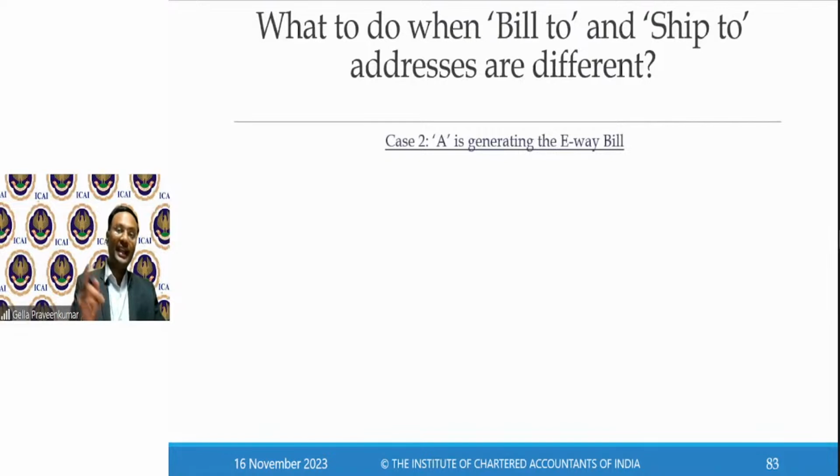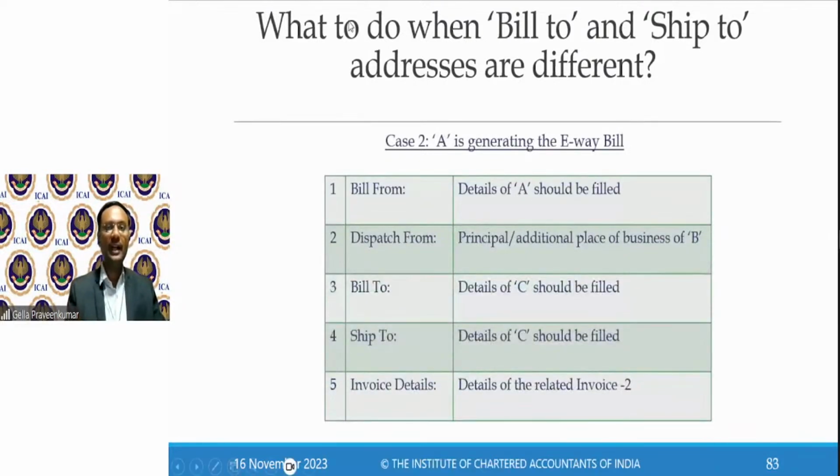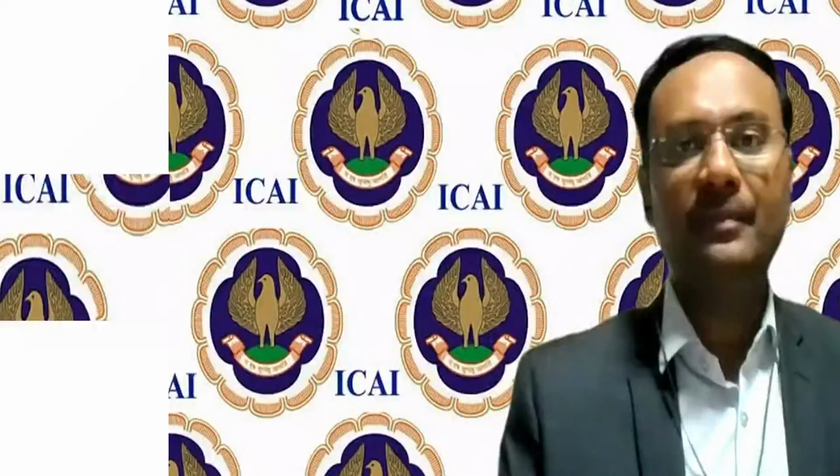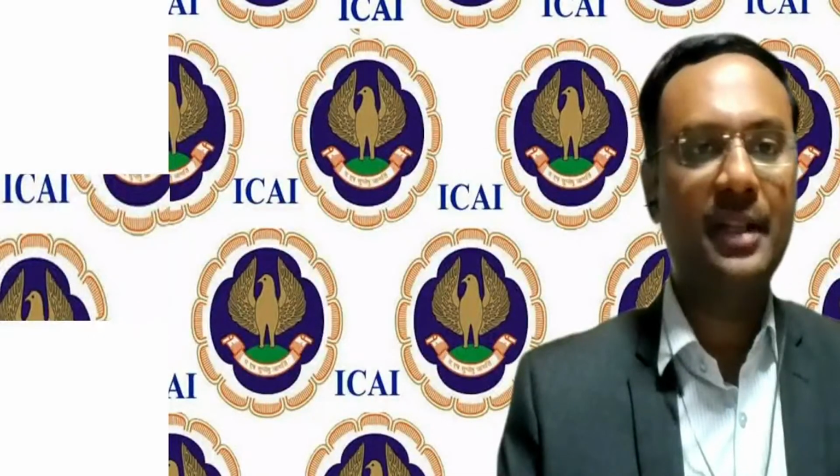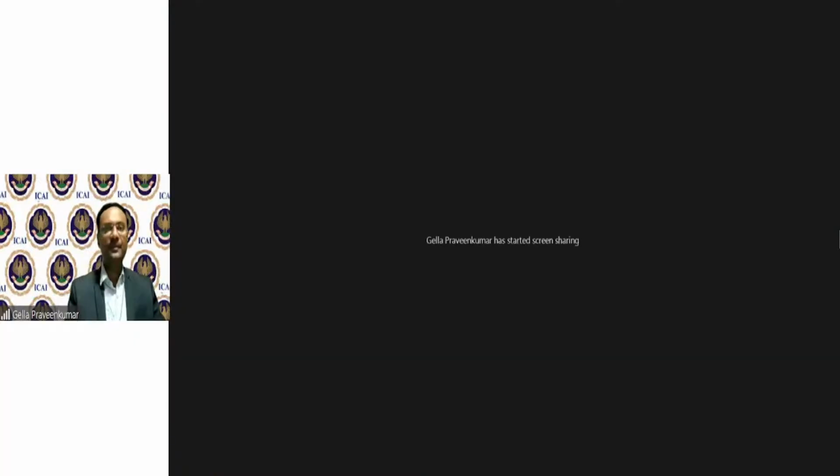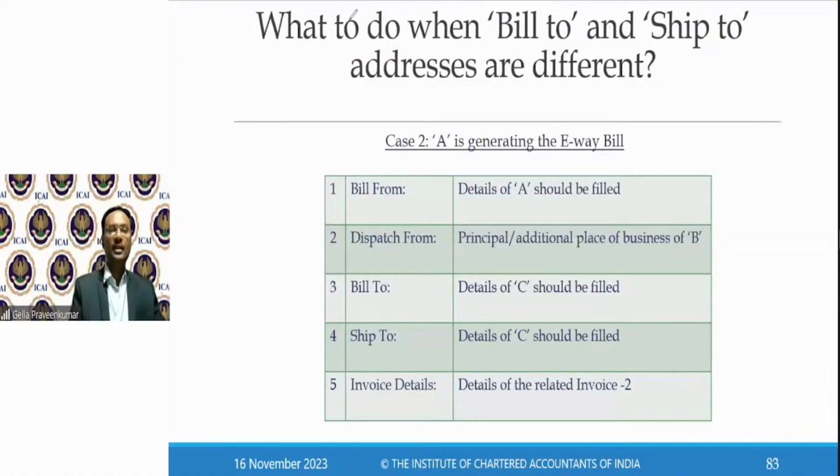Now let's come to case 2. In case 2, A is generating the e-way bill. A will say he is going to prepare the e-way bill.